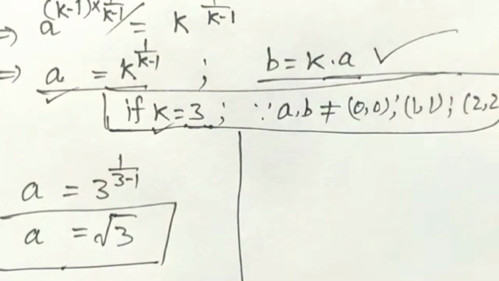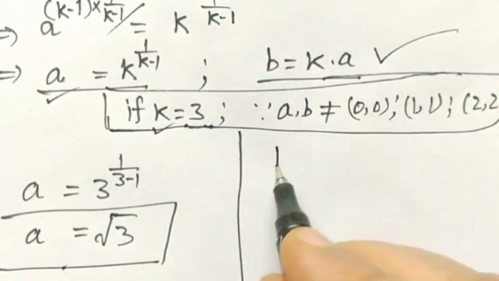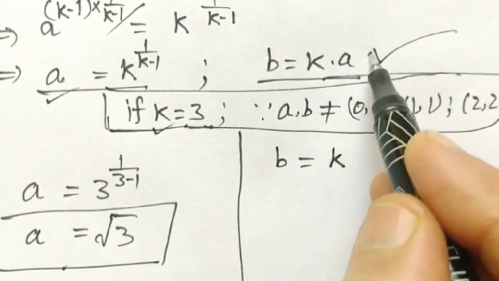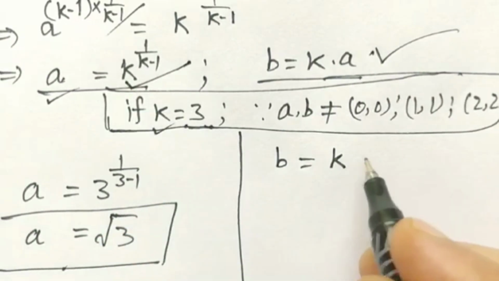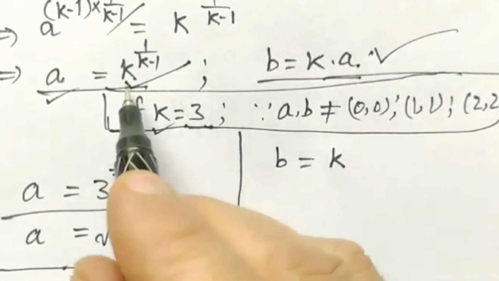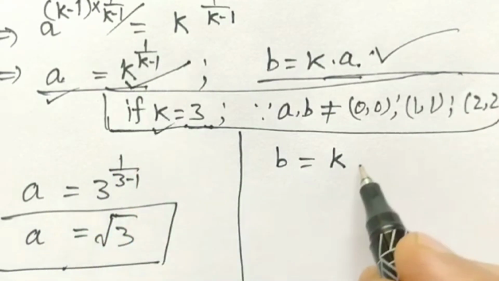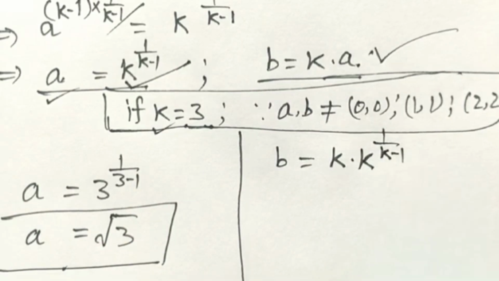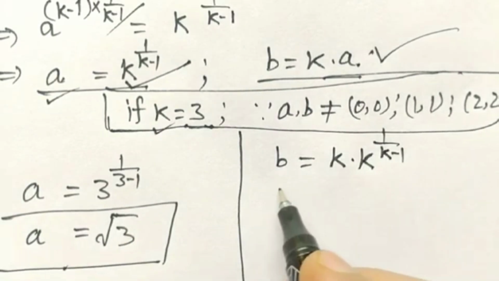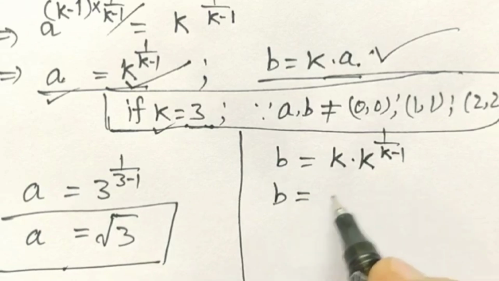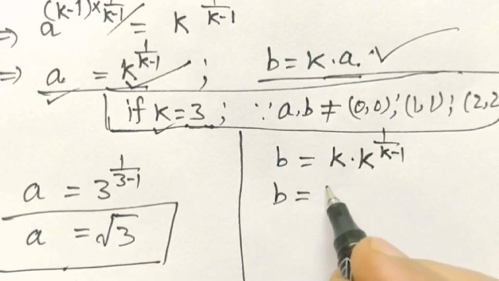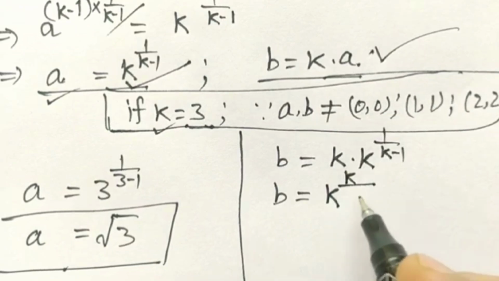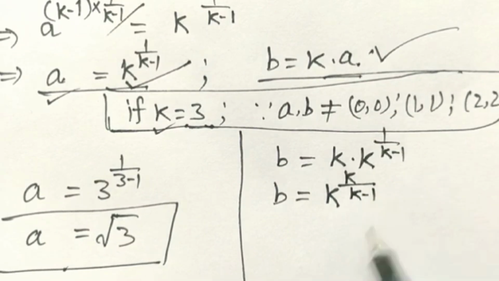If we go with this, b is equal to k into a, and we can write in place of a, k to the power 1 over k minus 1. So b is equal to k to the power k over k minus 1.